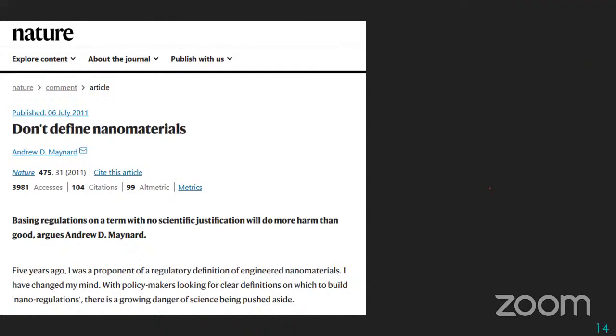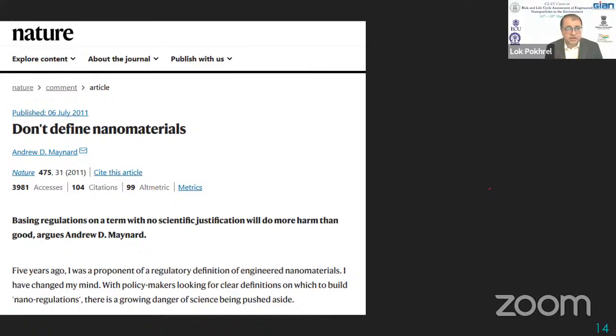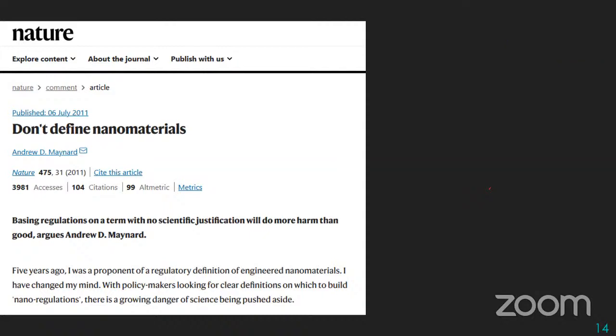He writes regularly in the Nature journals, especially Nature Nanotechnology. And in 2011, he wrote an article titled "Don't Define Nanomaterials." Basing regulations on a term with no scientific justification will do more harm than good, argues Dr. Maynard.